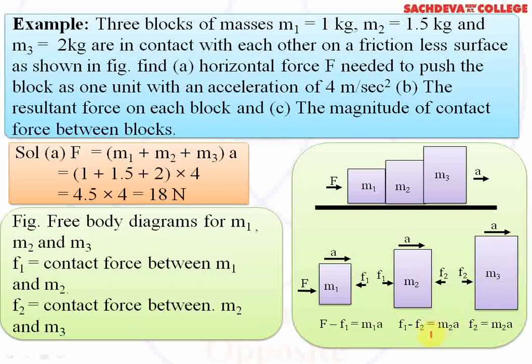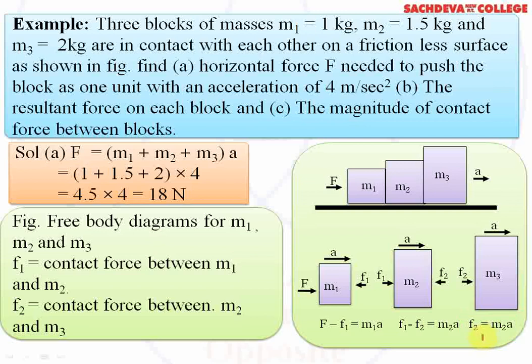In the first case, capital F is greater than F1, so we have taken the difference. If the forces act in opposite directions, then the difference of two forces gives the resultant force. Similarly, in the third figure, only one force is acting, and that is F2. Therefore, the value is written as F2 equal to M3a.